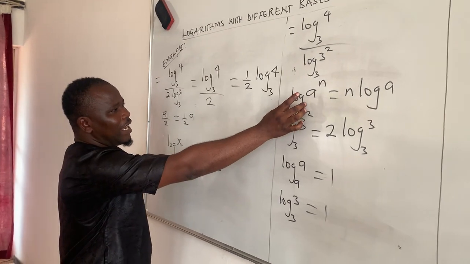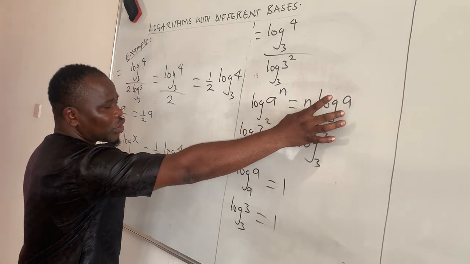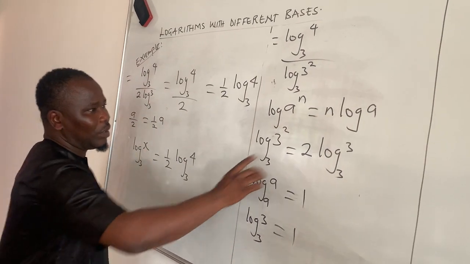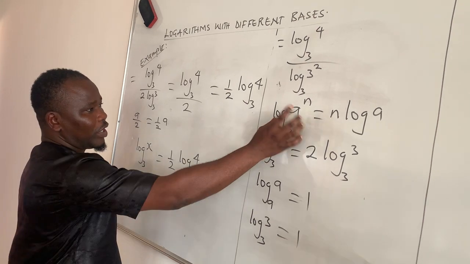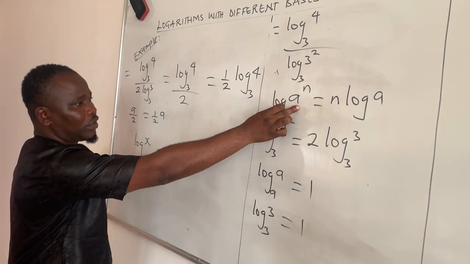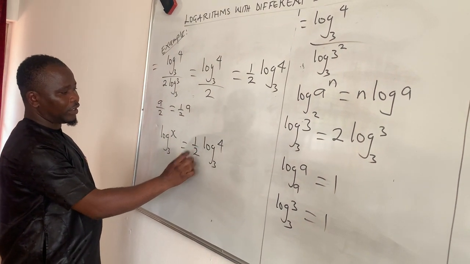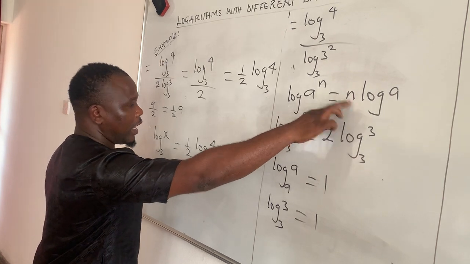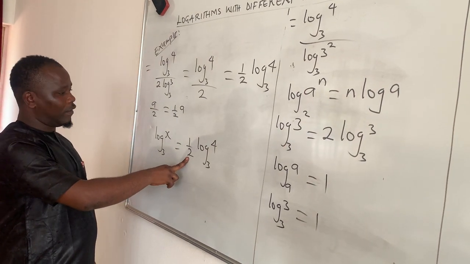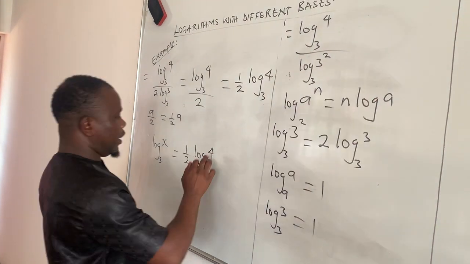Let's come back to this law again. If we have something of this form, we can rewrite it this way. Assume that this half is our n, then our a is our 4.